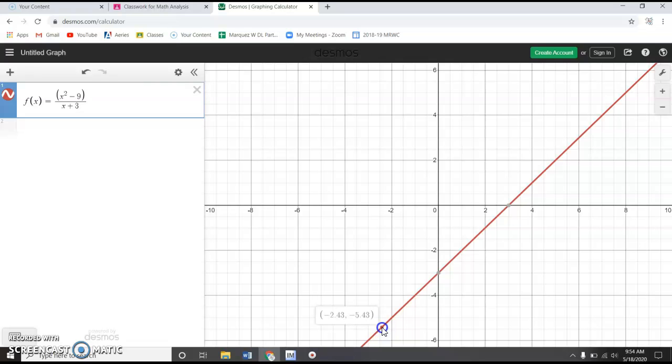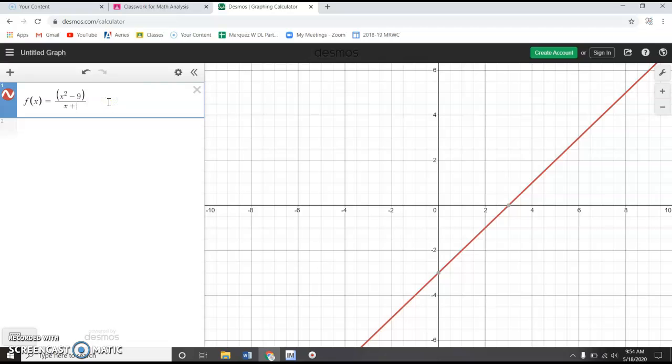Click and hold. It's giving me a value, but when I get right here at x is equal to negative 3, I apologize, that does tell me that negative 3 is an undefined value. So technically that is a hole in the graph. And so that does agree with what we sketched on our paper.